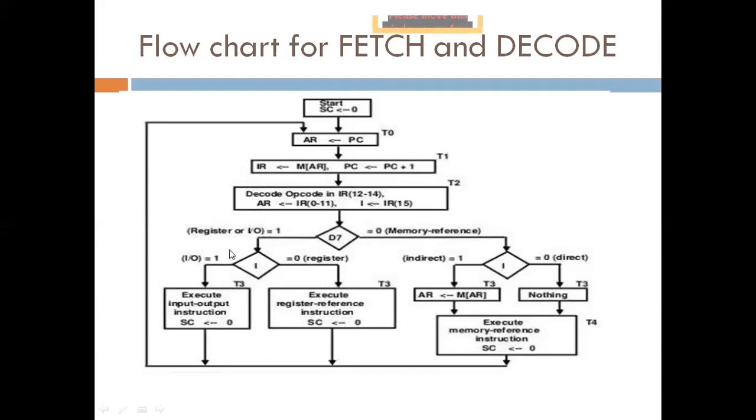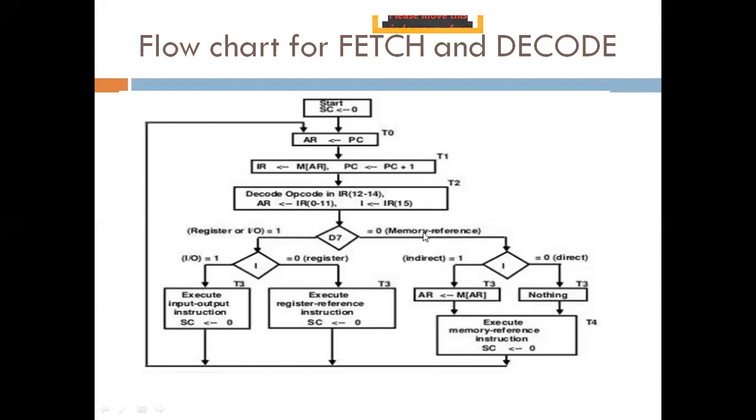If D7 is equal to 1 and the value of I is equal to 1, then it is an input output instruction, and it is going to execute the input output instruction. If the value of I is equal to 0, then it is going to execute a register reference instruction.